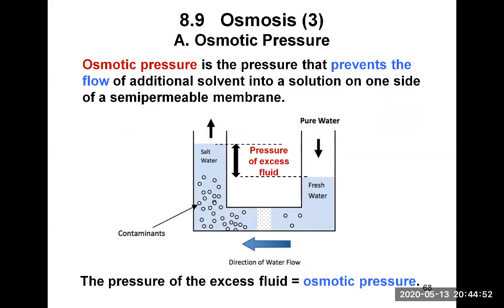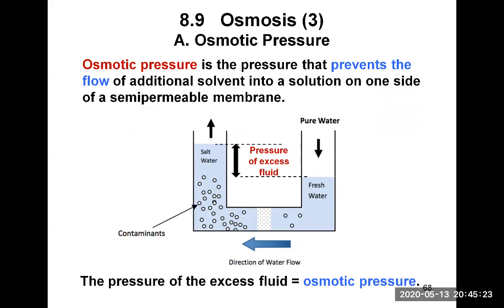Because water moves from the right side to the left side in order to dilute the left side where it's more concentrated, the level of the water on both sides of the container will be different. On the side where the water leaves, the level of the water will go down, and on the side where the water moves in, the level will go up.